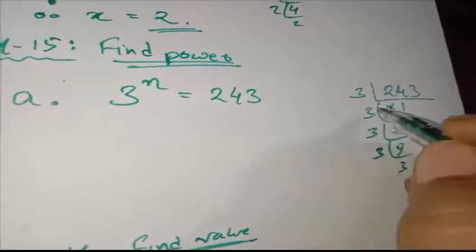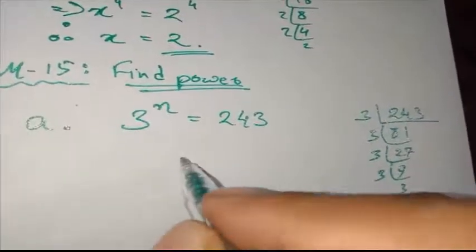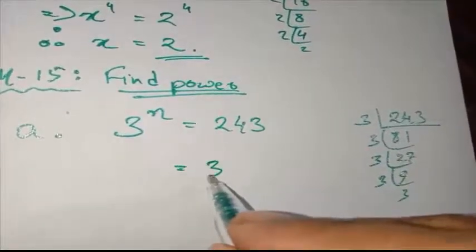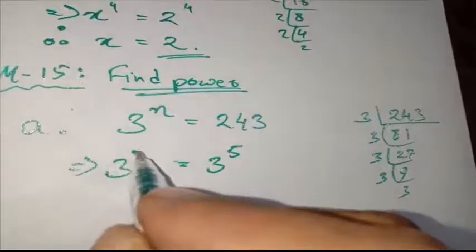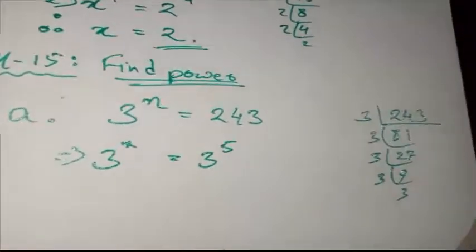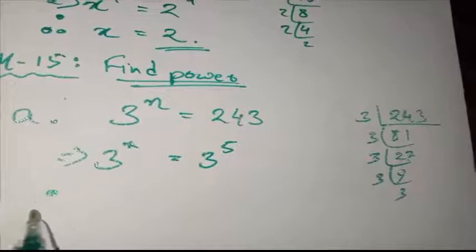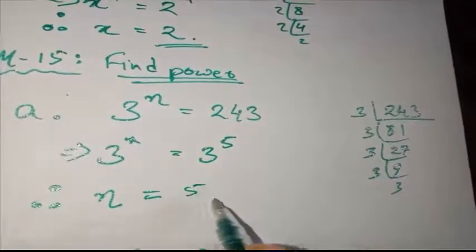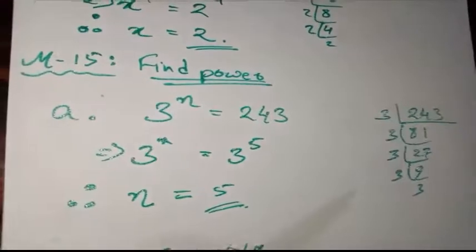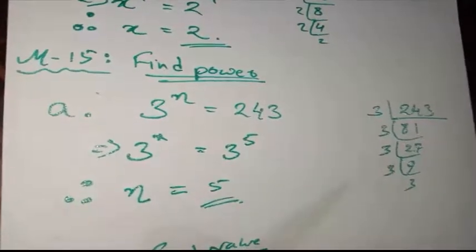So 1, 2, 3, 4, 5. So this can be written as 3 to the power 5. That means 3 to the power n equal to 3 to the power 5. Since bases are same, we can clearly write n is equal to 5. This is how you are going to solve all the questions of module number 15.